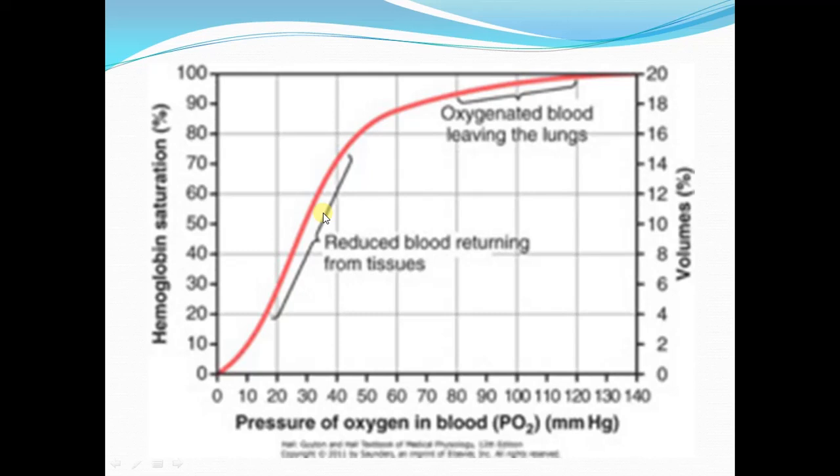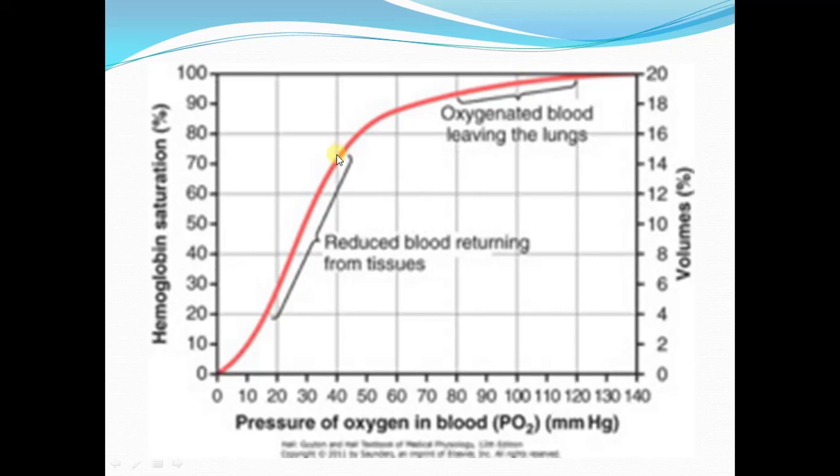What is the importance of the sigmoid shape? It signifies that oxygenation and deoxygenation of hemoglobin occur in the most optimum way.